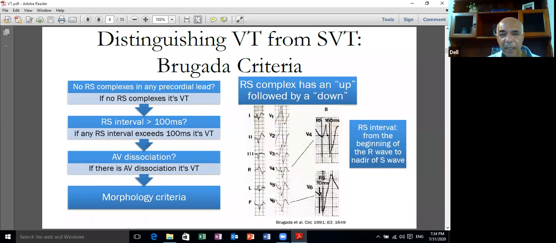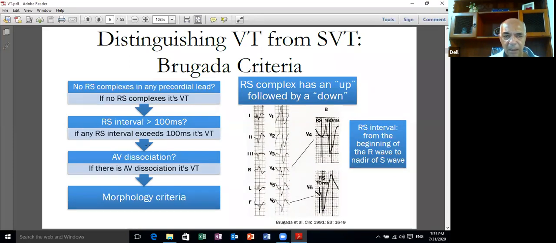Now, the Brugada criteria: you need a 12-lead electrocardiogram to implement it, and you need to memorize it. So that's the difficulty. The first step in the Brugada criteria is to look for a transitional zone, an RS complex, in the precordial leads. If there is no transitional complex in the precordial leads, this means you are dealing with ventricular tachycardia.